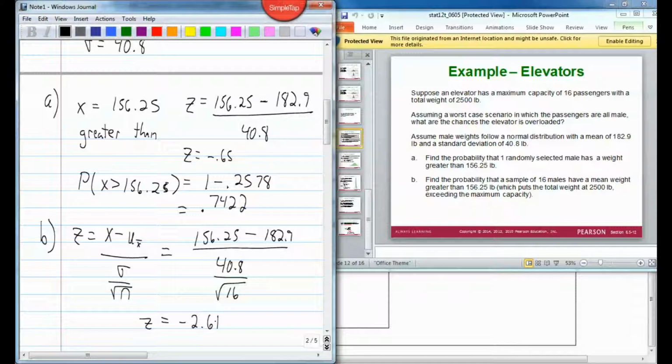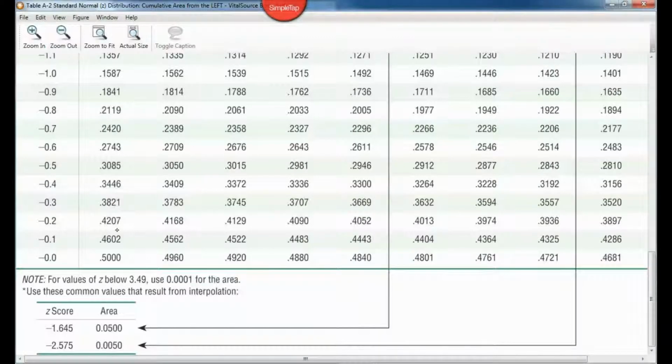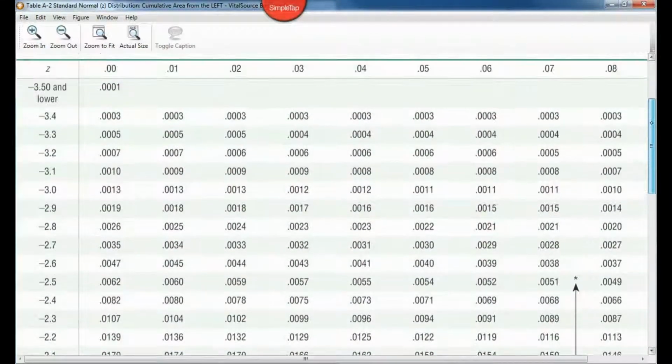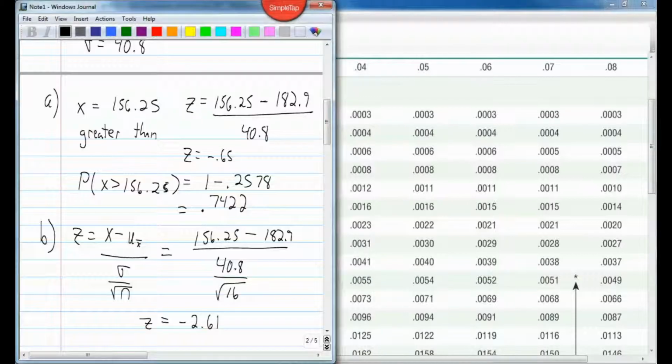So we want to know greater than. So let's go to our z-score chart. All right, negative 2 is here, 0.61, 0.0045.